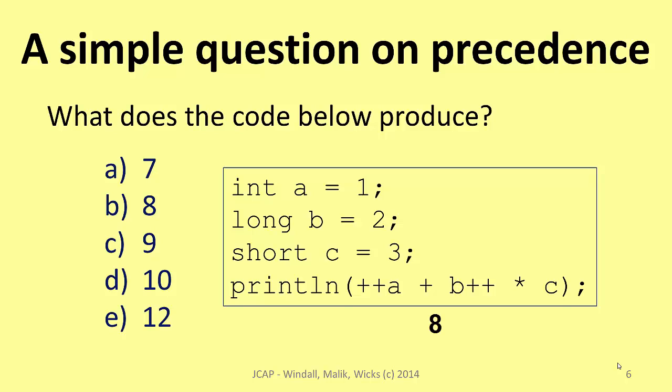So what will be output is 8. And after it's been output, B will be increased by 1. But that would happen in later commands. So B doesn't change until we've output the value of this expression.